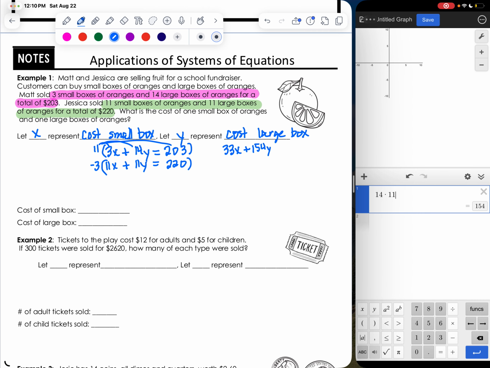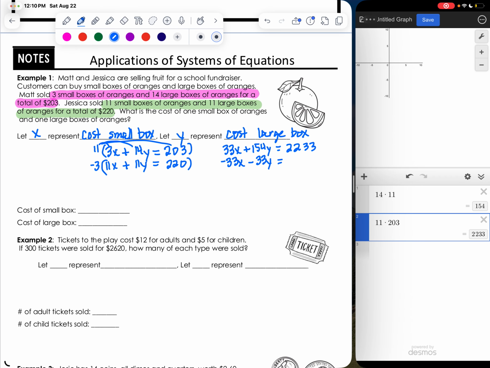And 11 times 203 would give me 2233. Now on the bottom, negative 3 times 11x would be negative 33x. Negative 3 times 11y would be negative 33y. And negative 3 times 220 would be negative 660.